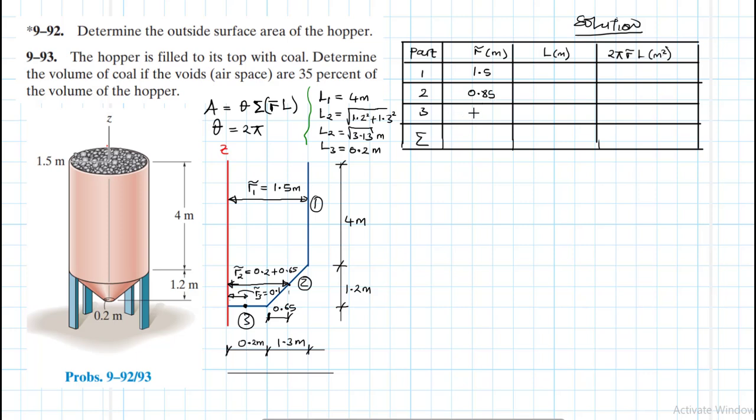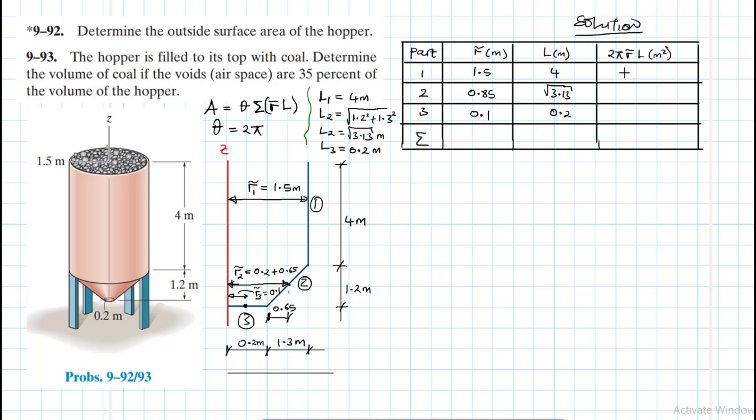Then the last one, but not the least, is 0.1. What's the length? The first one is 4. The second one is root of 3.13. Why am I writing like this? To just preserve the accuracy. You don't have to do that. Then the third one is 0.2.